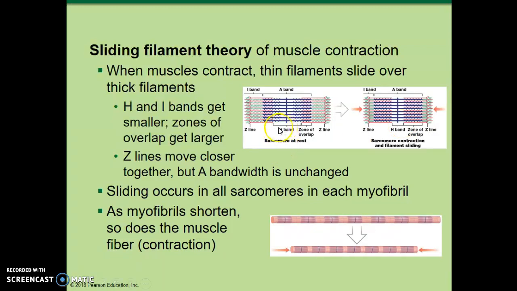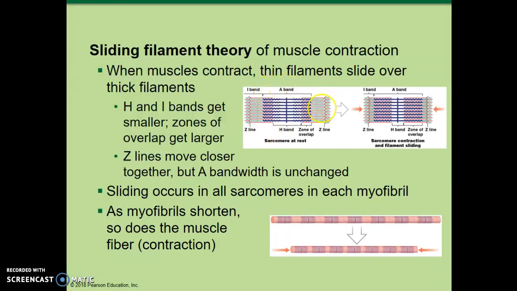So if you were to look at individual bands, you would see that the H band gets smaller, the I band gets smaller, the zone of overlap gets bigger, those Z lines get closer together. With the sliding filament theory, every single sarcomere gets smaller.